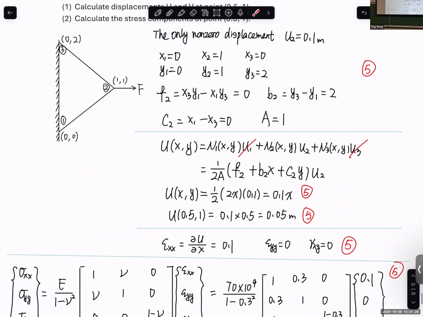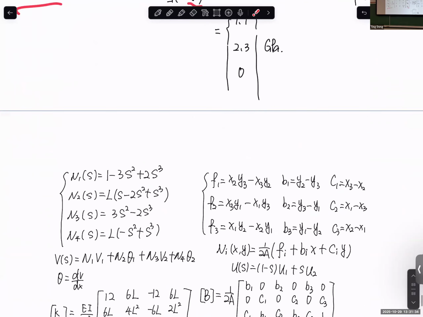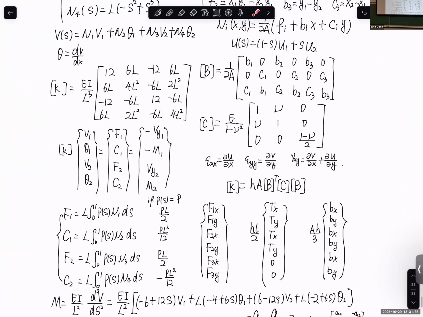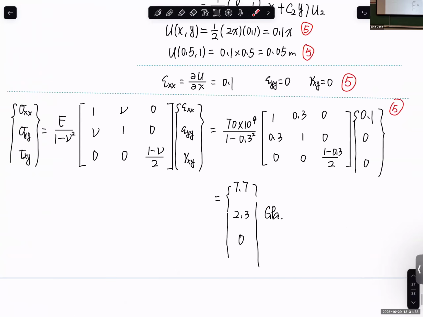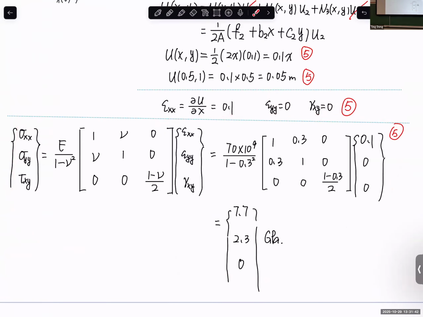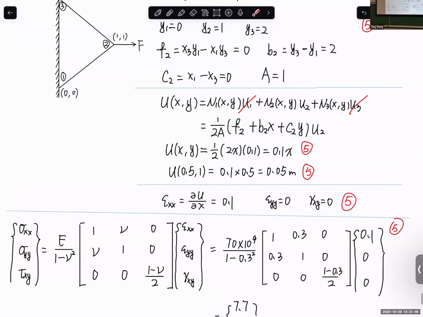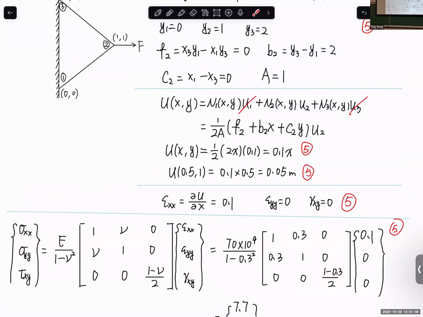But you can also use B times Q. And from strain to stress, use the C matrix. I already did this part in the example problem, and we also practiced it in the homework problem. Any question here? This is really a standard problem, exactly the same as what we practiced.